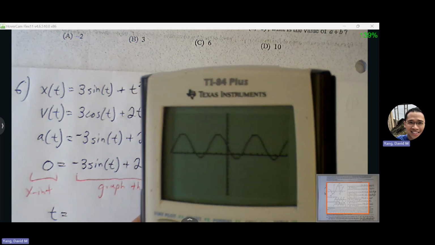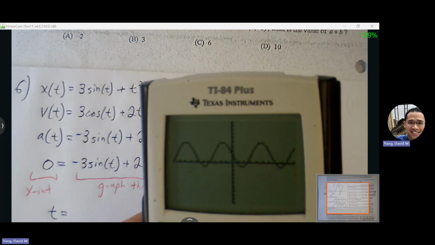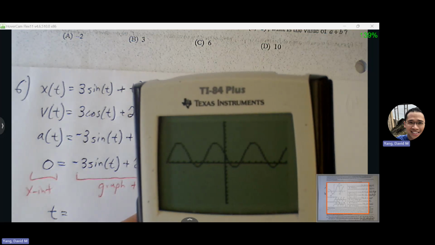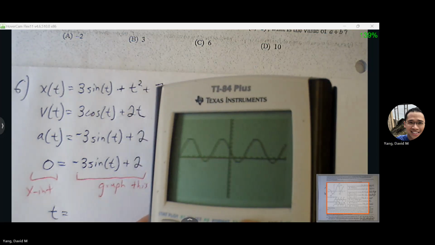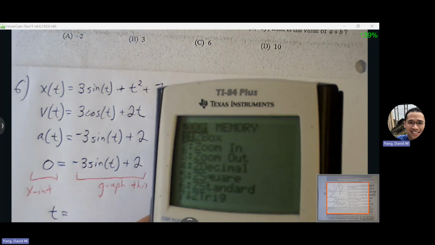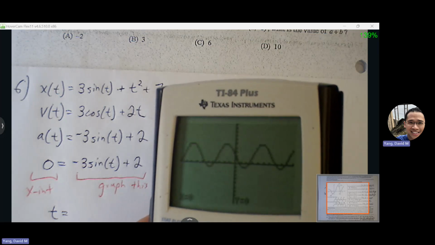So I'm going to find the first instance when acceleration is 0. So let me zoom box here.